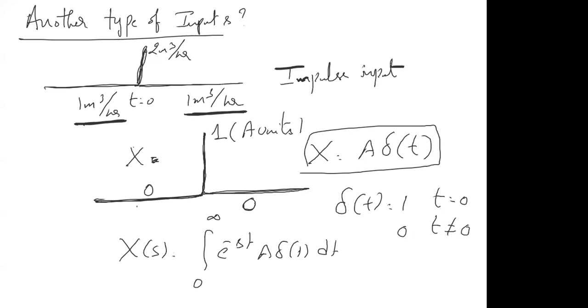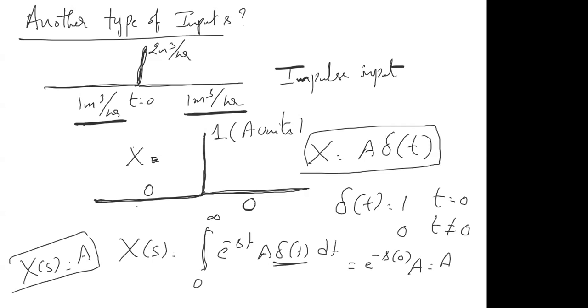When you have the delta Dirac function, the integral is nothing but the sum, so you just put t equal to 0. This is e power minus s into 0, times A, which is A. So the Laplace transform X of s here is simple A when it is an impulse input.